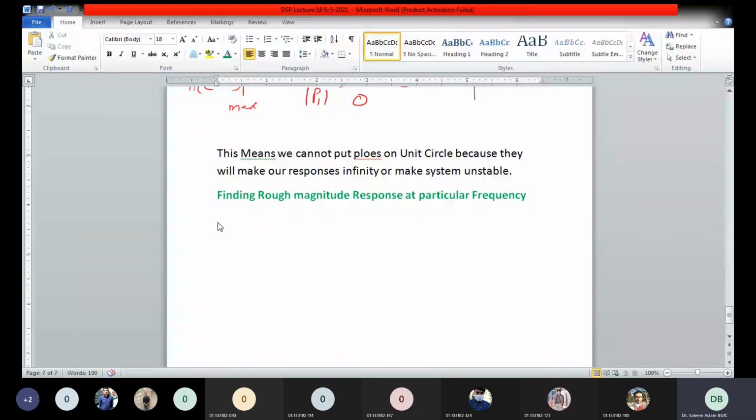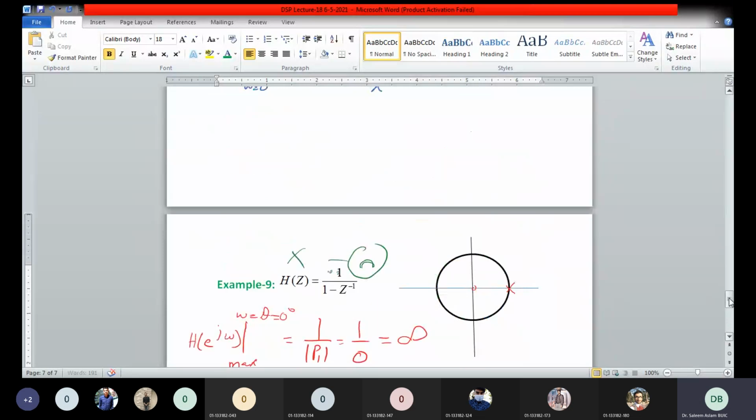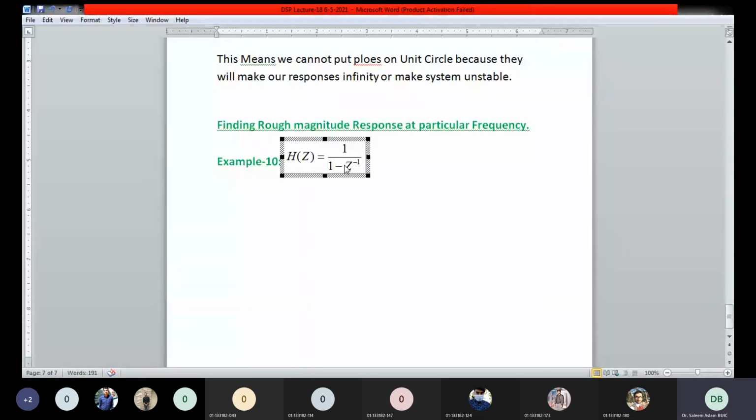So let's finish this topic by having example number 10, the last example, and with this example we will clarify multiple concepts. Example number 10, let's have a complex system in which we have both zeros and poles. H of z, 1 minus 0.9 z inverse. We have one pole here.